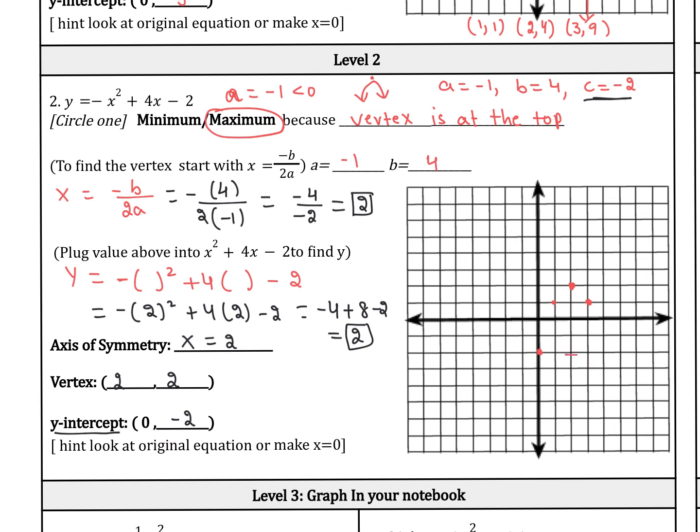That's going to be another point. Now you connect the points to get the parabola that opens down, and the maximum value is the y coordinate of the vertex.